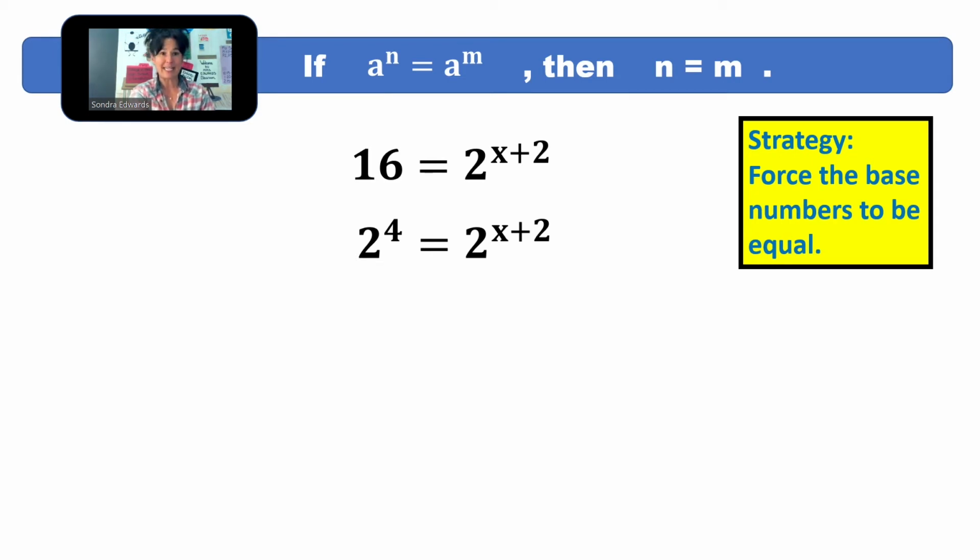So I've rewritten 16 as 2 to the 4th. We now see we have like bases that are both 2. Using the one-to-one property, we can set the exponents equal, continue solving, so subtract 2, and we end up getting the answer x equals 2.